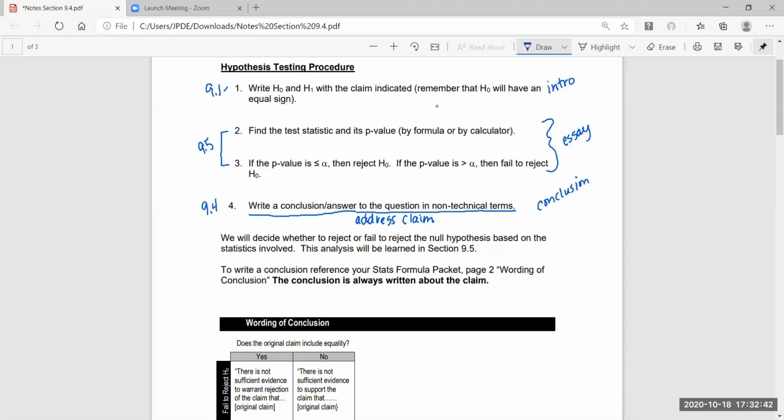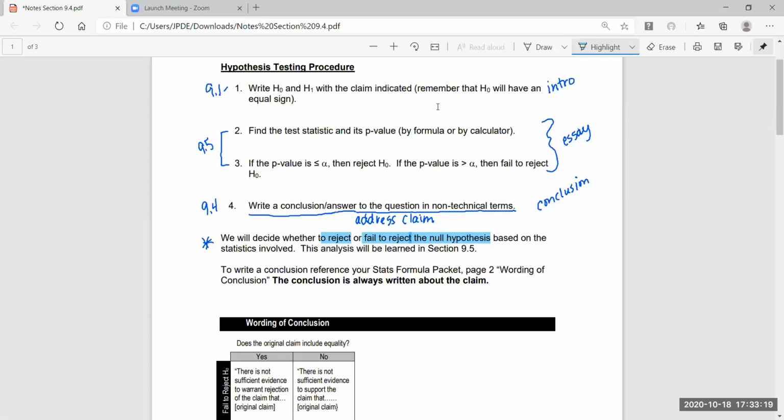As we're figuring out our decision, it says here, we will decide whether to reject, so that's one option, or fail to reject the null hypothesis. And that is going to be based on the numbers we get from our sample, the statistics that we find. The analysis that we're going to be doing, again, like I said, is in section 9.5.